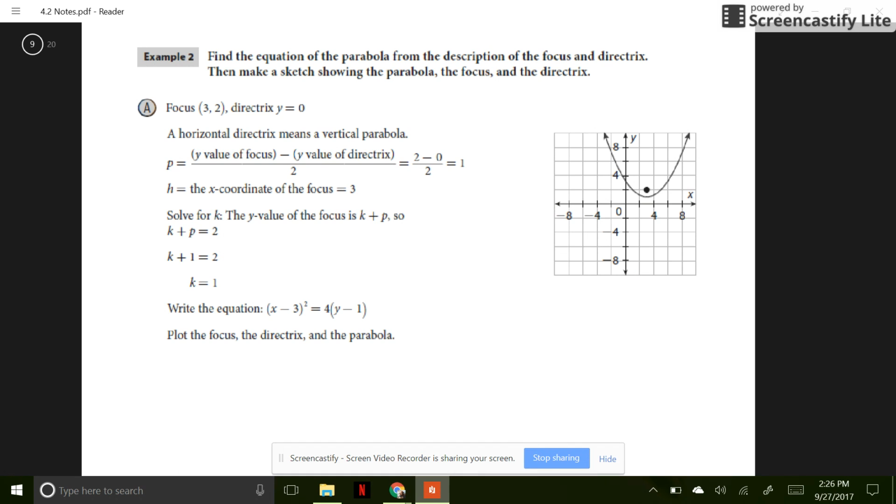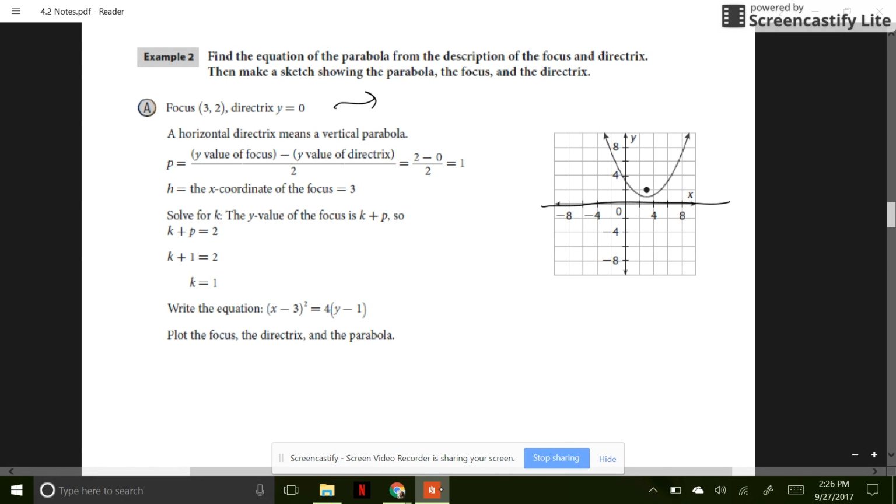So if we wanted to try this one here, they tell us the focus is at (3, 2) and the directrix is the line y equals 0. Just from this, we should know that it opens up. So we check the distance from our directrix to our focus. That vertical distance is 2, so p is going to be half of that. p is 1.